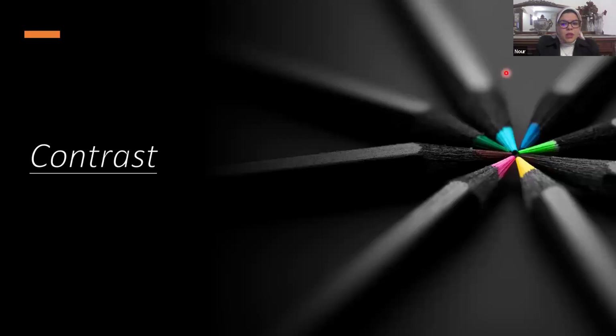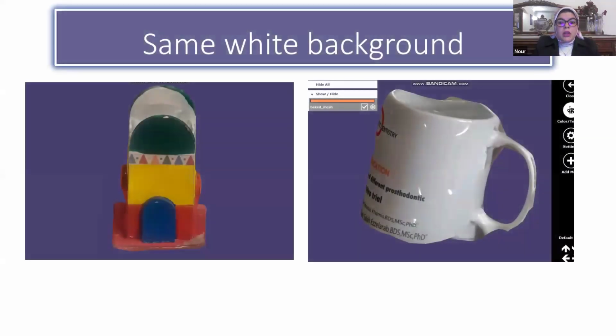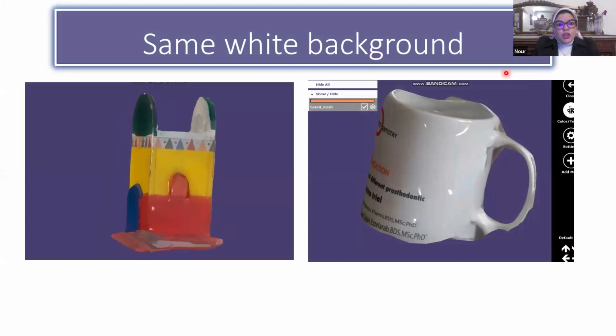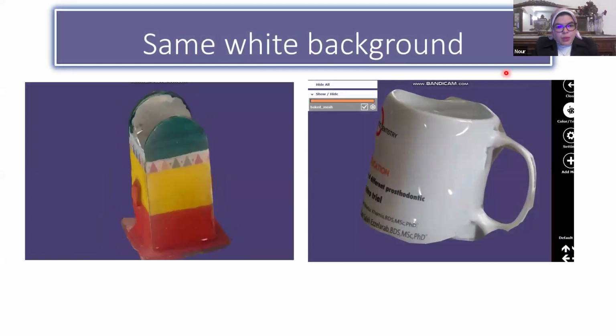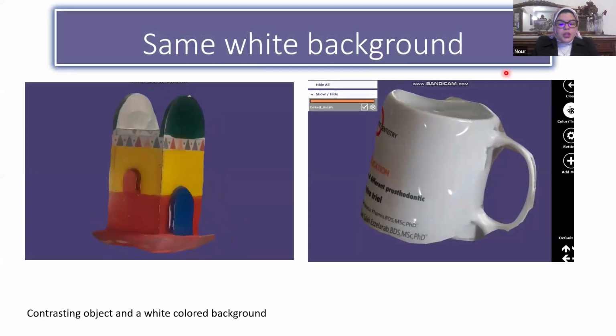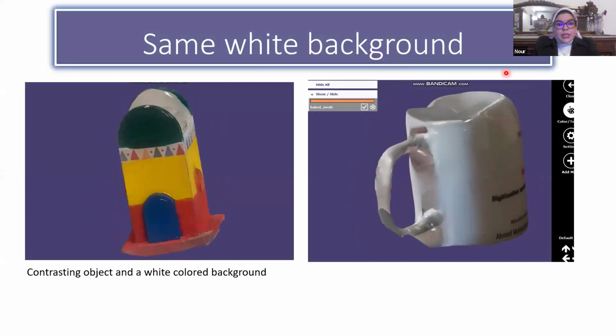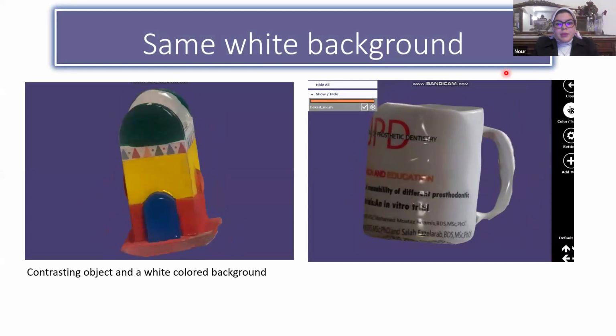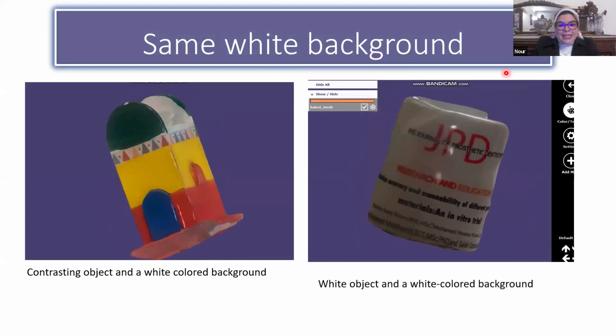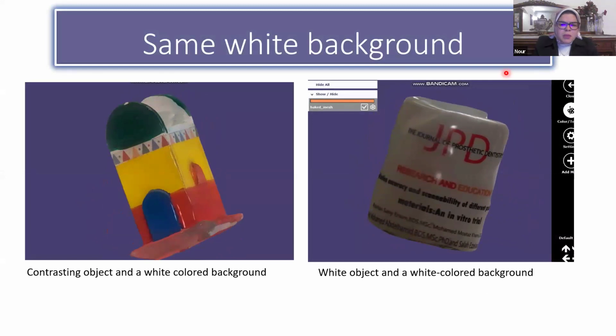And contrast is definitely very important as well. Here are two examples. I made those two examples, this nice Nubian home model and the other, which is just a cup. Those two objects were scanned with the same white background, and you can tell that one of them came out nicely, but the other one was a bit distorted.